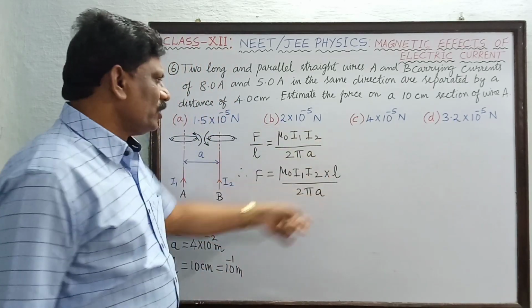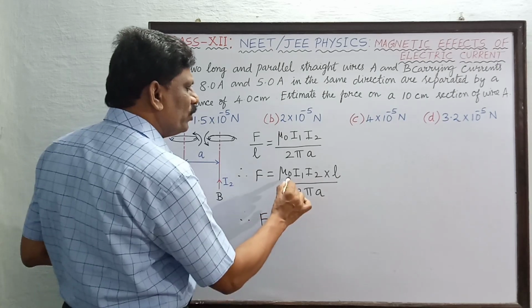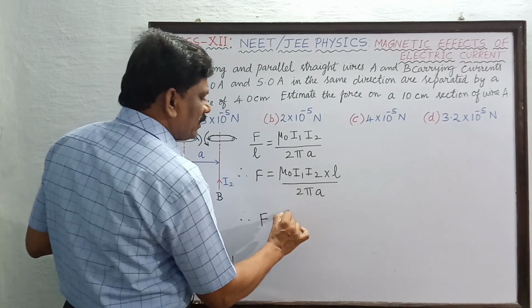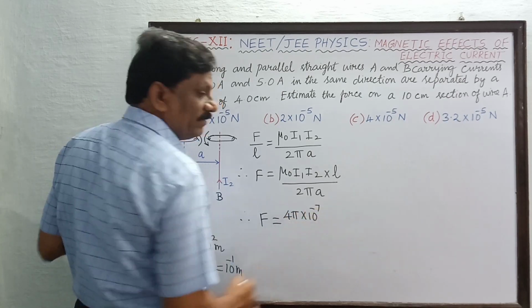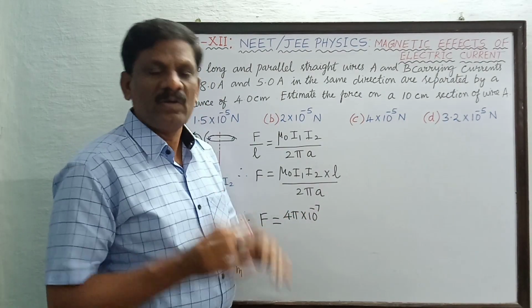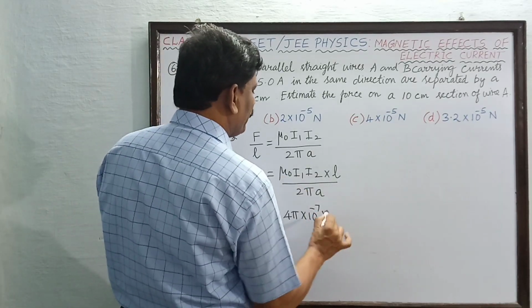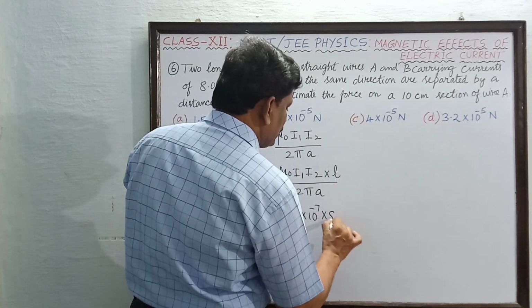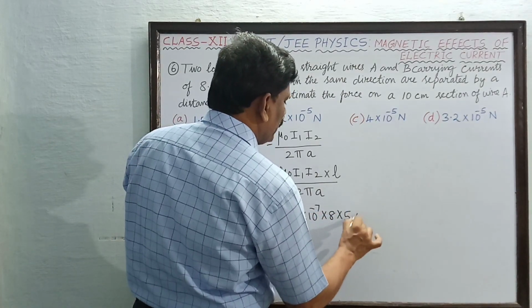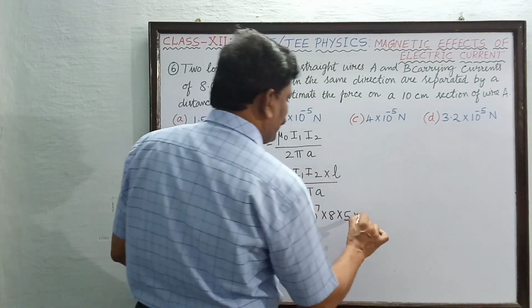So I am going to substitute the given values. Therefore, the force required is equal to mu naught, this magnetic constant, which is 4 pi into 10 to the power of minus 7. This you have to write and remember. So 4 pi into 10 power minus 7 multiplied by I1 into I2, which is 8 into 5, into the length of the wire, 10 power minus 1 meter.